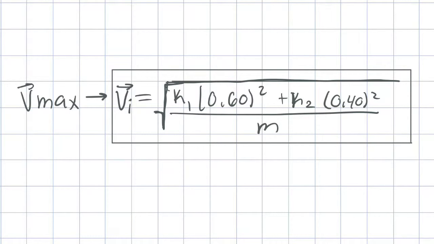This is the maximum, so I'll say vi max, and that is going to be an initial velocity of the square root of K1 times its total displacement, 0.60 meters squared, plus K2 times its total displacement squared, 0.40 meters squared, all over m, which is under the radical entirely.